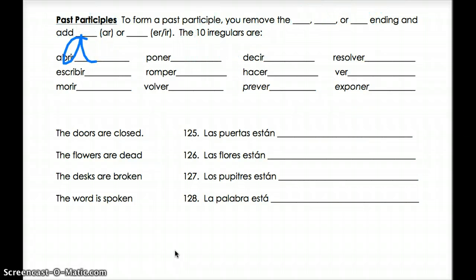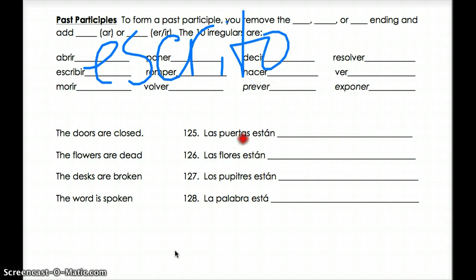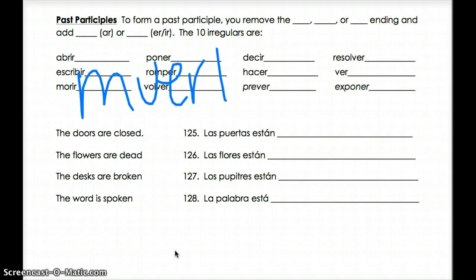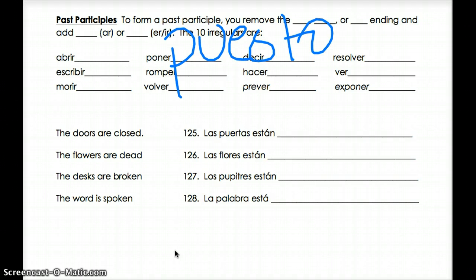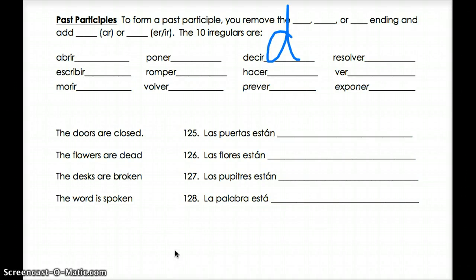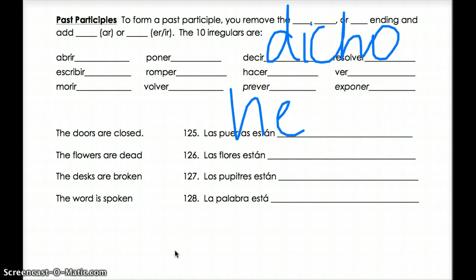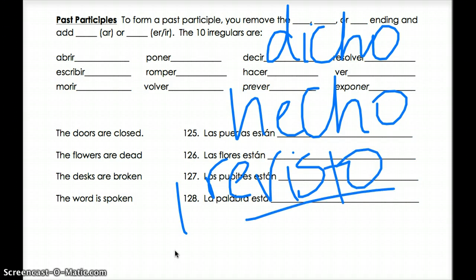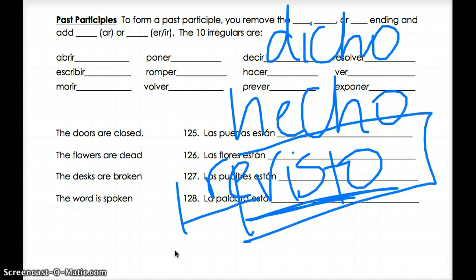So here they are: abierto, escrito, muerto, puesto, roto, vuelto, dicho, hecho, previsto, which by the way is the same as visto with pre on the beginning of it.